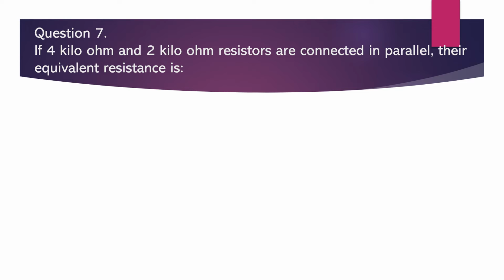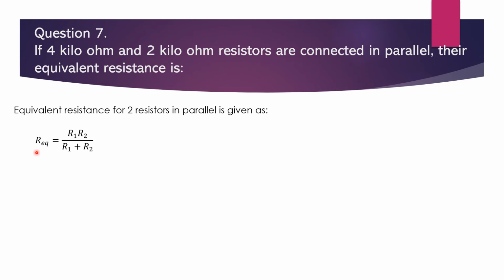Question 7. If 4 kilo ohm and 2 kilo ohm resistors are connected in parallel, their equivalent resistance is? The equivalent resistance for two resistors in parallel is given as R equivalent is equal to R1 times R2 divided by R1 plus R2.